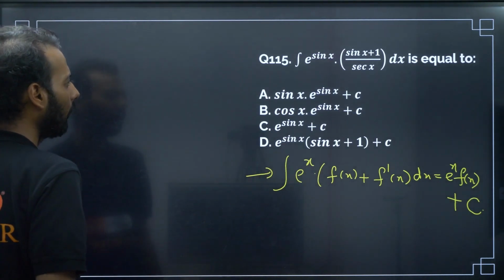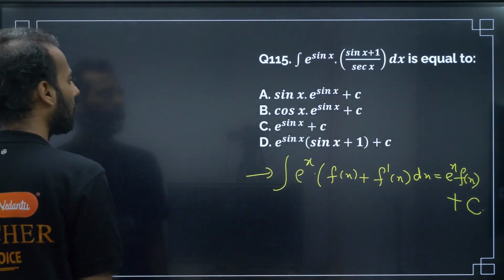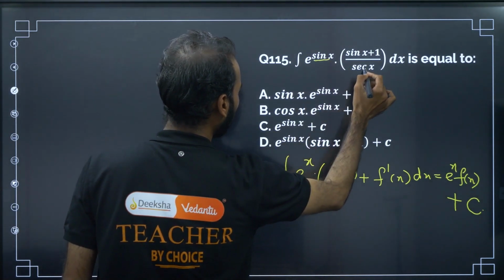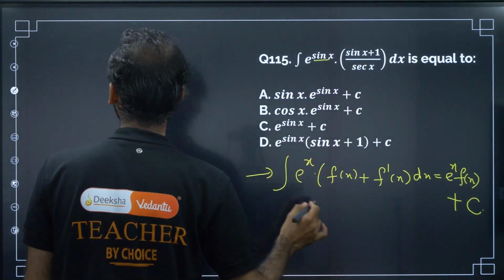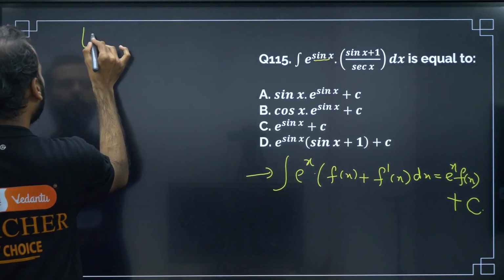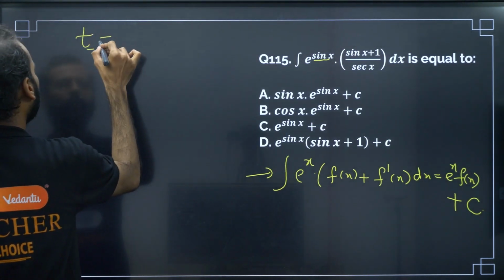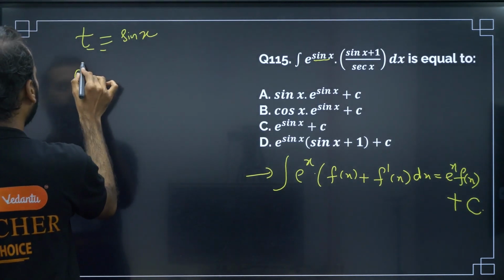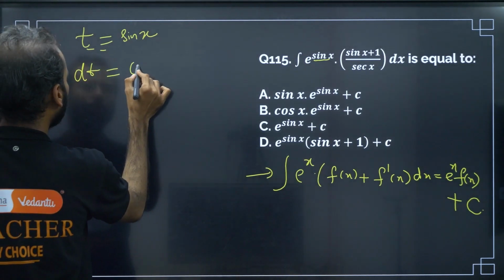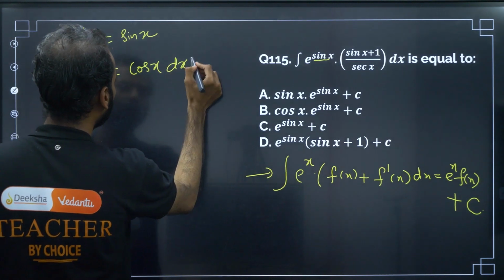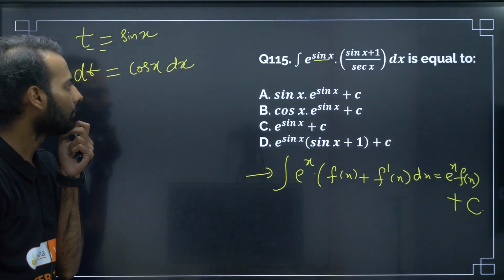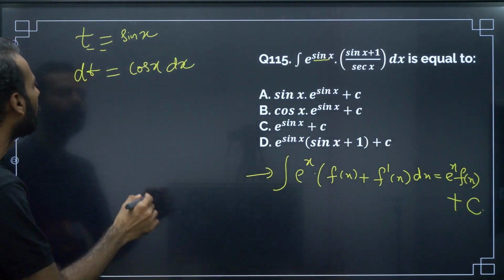Further, for simplification, let me do one small substitution. Here sin x is there, and here 1 by secant x. Let me write sin x as t. You will understand why I am doing this. dt is equal to cos x dx.